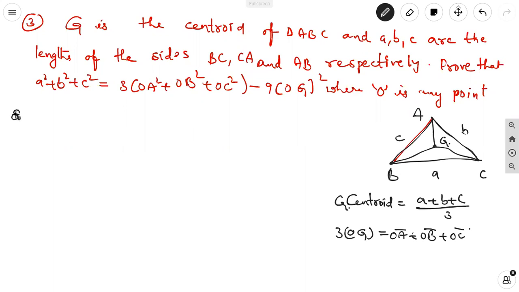First of all, we can take the relation and what they have given.